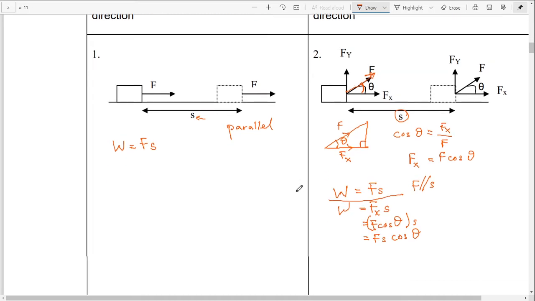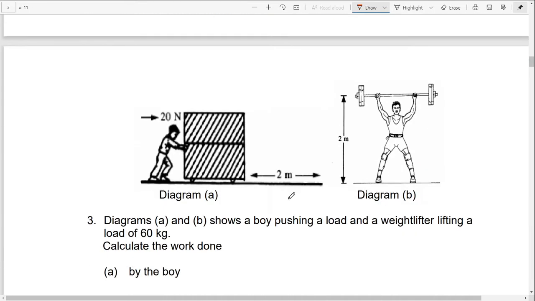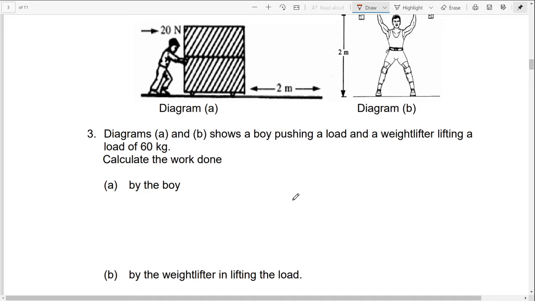So we go to the next question. Diagrams A and B show a boy pushing a load and a weightlifter lifting a load of 60 kilograms. You are to calculate the work done by the boy first. The boy is pushing the box horizontally, and the displacement is 2 meter.